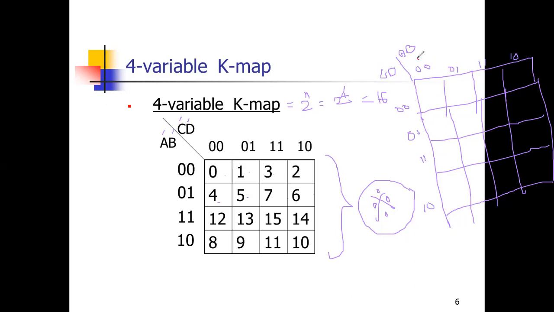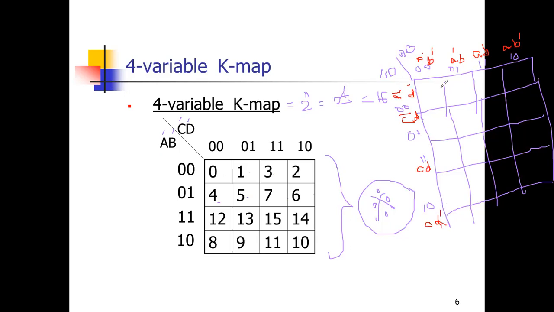So this is A bar B bar, A bar B, A B, A B bar. Similarly here, C bar D bar, C bar D, C D, C D bar.